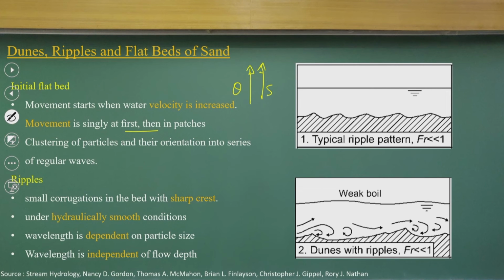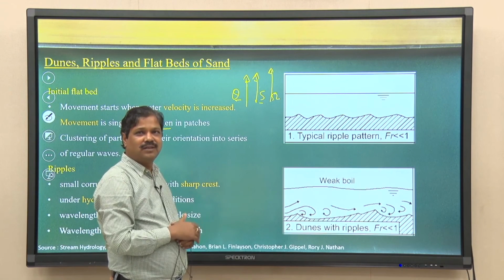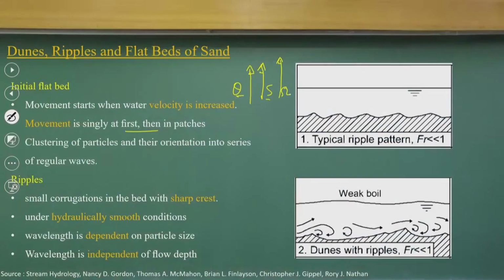Where the slope is changing and the Q is changing, we are increasing the stream power. As the stream power increases, bed material starts moving. Because the bed material is moving, the particles form different bed forms, different bed shapes. That is what we are looking at as the stream power increases in a flume, and we can understand it, or if you go to the field you can see these river bed forms.